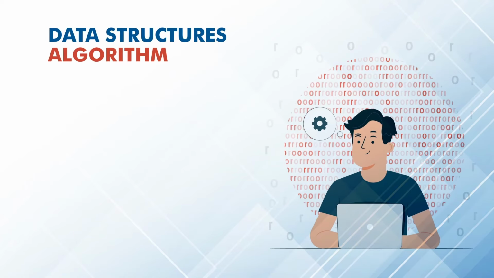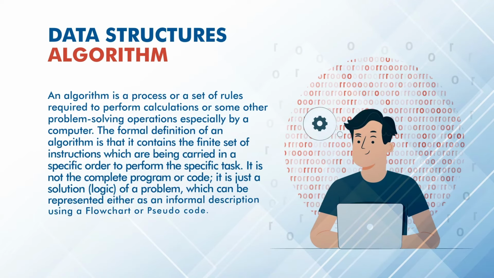What is a data structure algorithm? An algorithm is a process or a set of rules required to perform calculations or some other problem-solving operations, especially by a computer. The formal definition of an algorithm is that it contains a finite set of instructions which are carried out in a specific order to perform a specific task.